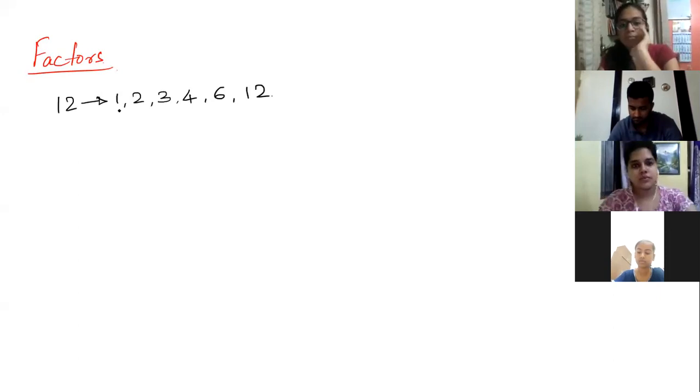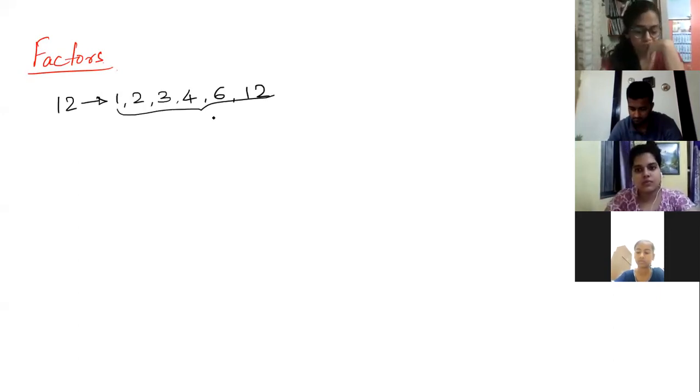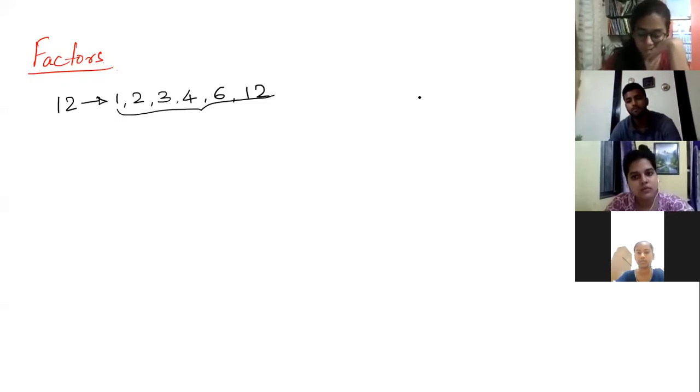So I know that this list of numbers that I have written down is the factors of 12. So if anyone tells me what is the total number of factors of 12, I can know from this list that the total number of factors of 12 is 6. So there are 6 factors for 12, right?